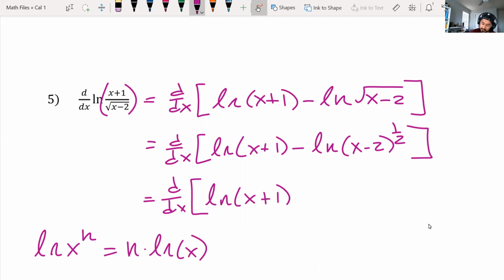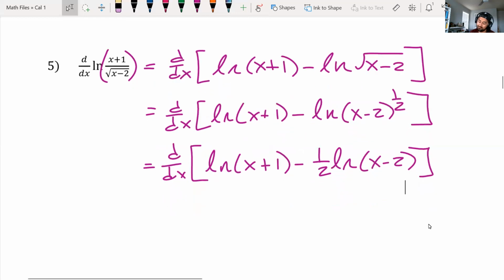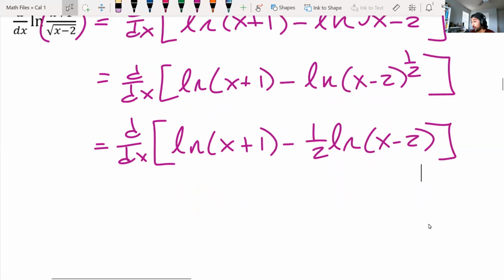So now I get the natural log of x plus 1 minus 1/2 times the natural log of x minus 2. Have we done any calculus yet? No, we haven't done any calculus.